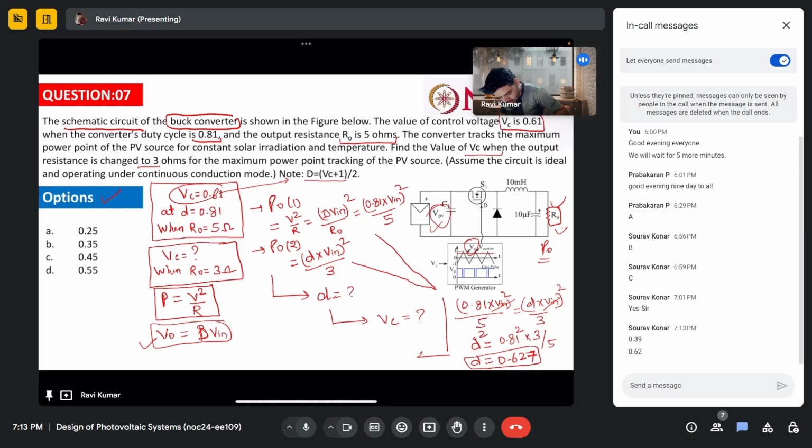Now we have a relation like D equals Vc plus 1 by 2. Put this D here, calculate this Vc.